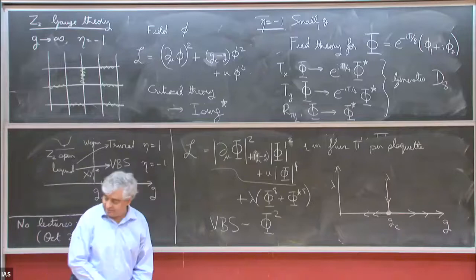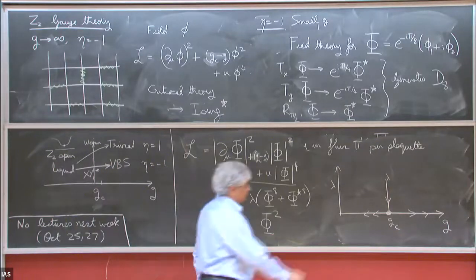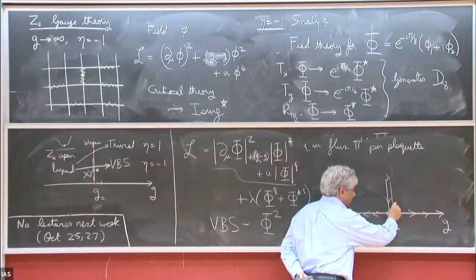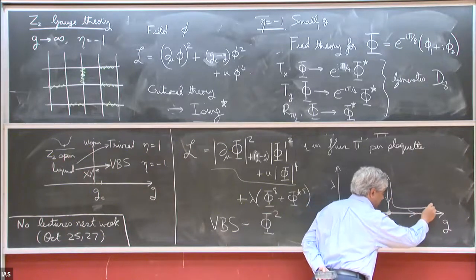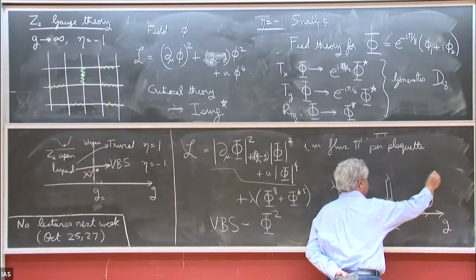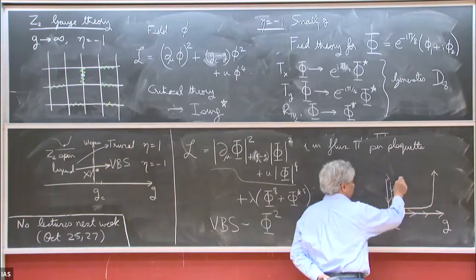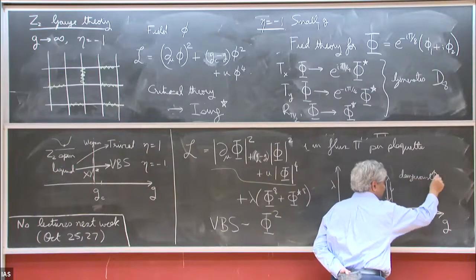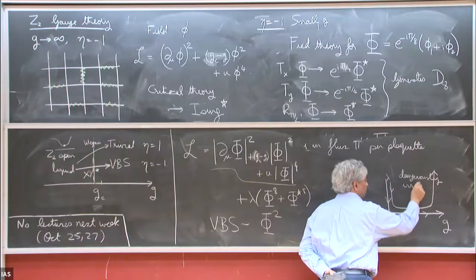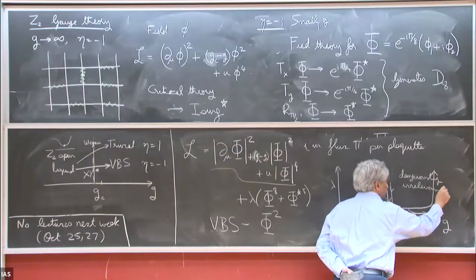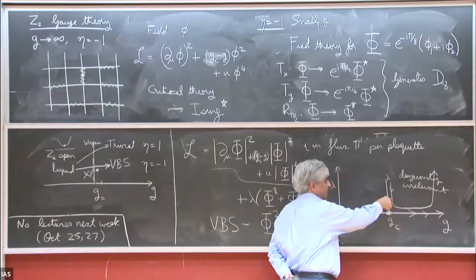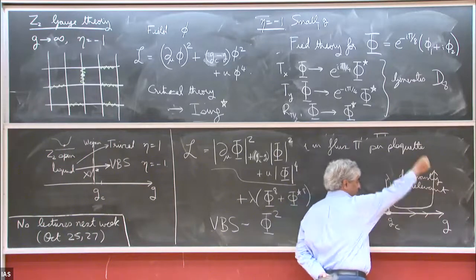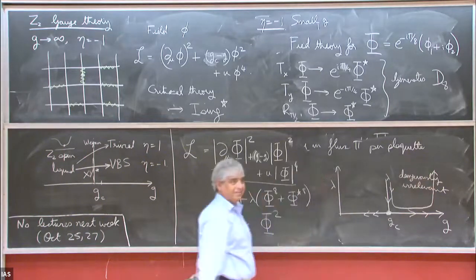So what happens here is that if you're a little bit away, lambda seems unimportant, but eventually it comes out here, and at this point it is very important. So this is what's called a dangerously irrelevant variable. It's irrelevant, but there's danger because you're just slightly away, it's going to come back and give you the gap.